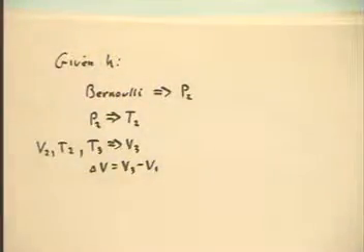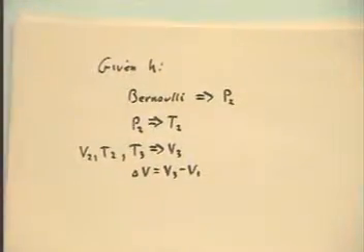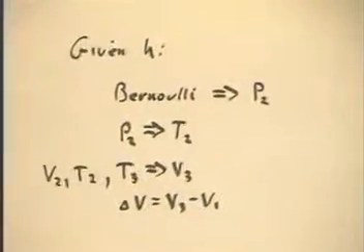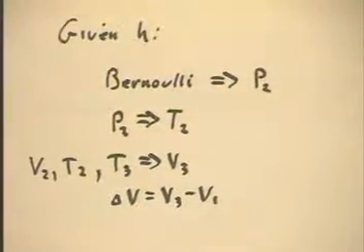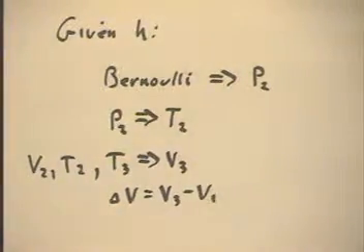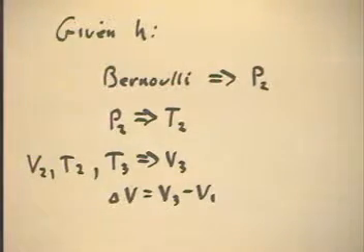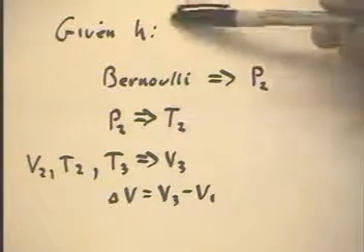Now what we asked people in class to do was to determine the various unknown quantities, that is, the pressure at State 2 and the volume at State 3, and therefore the change in volume, and finally the change in the potential energy of the system for different values of h.